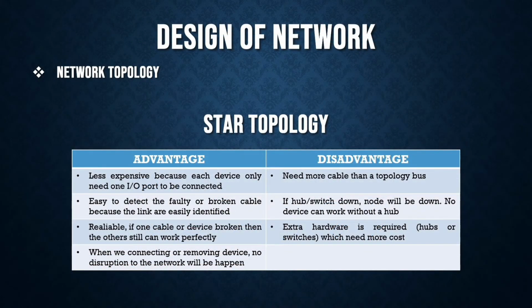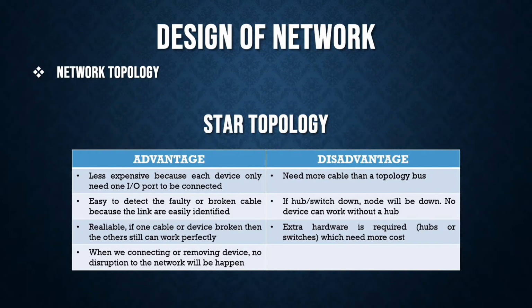Next, I will show you the advantages and disadvantages of star topology. The first advantage is that star topology is less expensive than others because each device only needs one input-output to be connected.